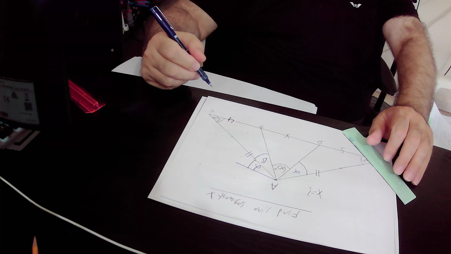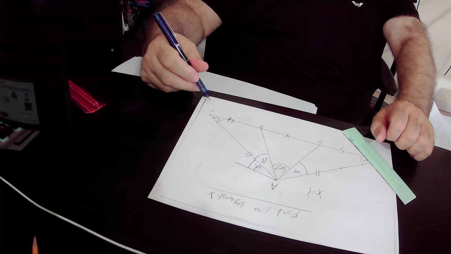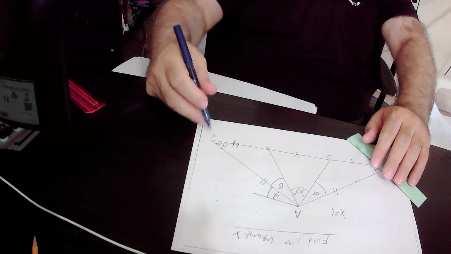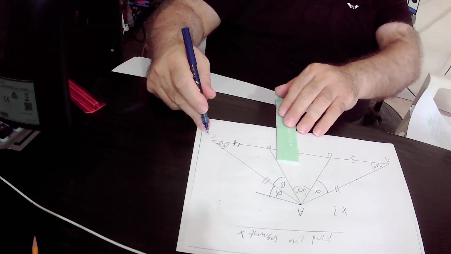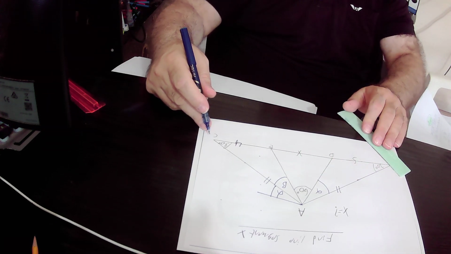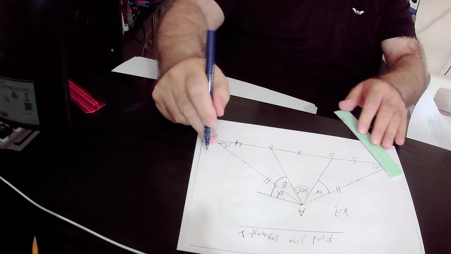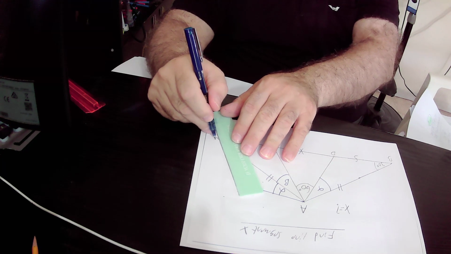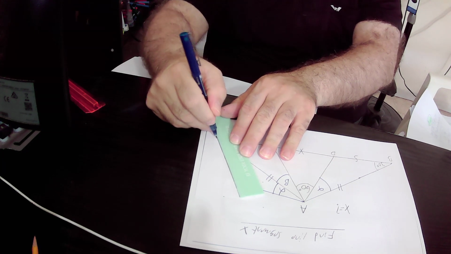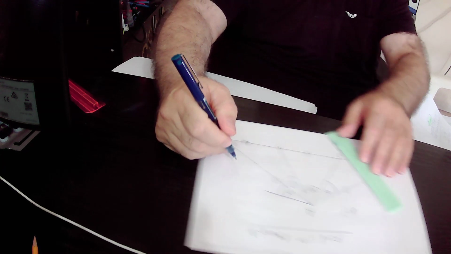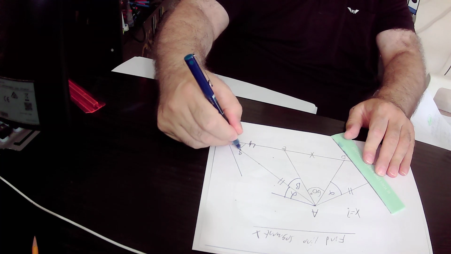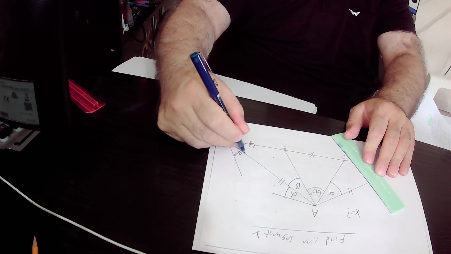And the second construction that we will do is that from point C we'll draw a straight line in such a way that the angle between the straight line and side AC will be equal to 30 degrees. Okay, so actually this angle equals 30 degrees according to our construction.